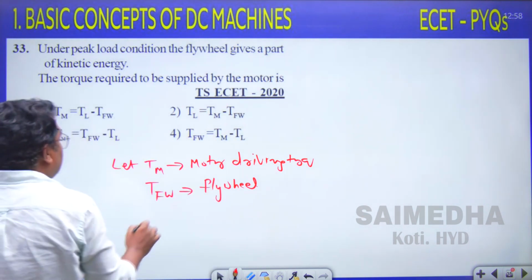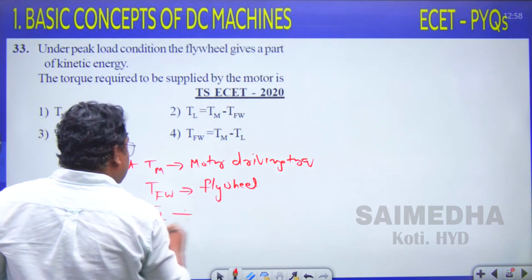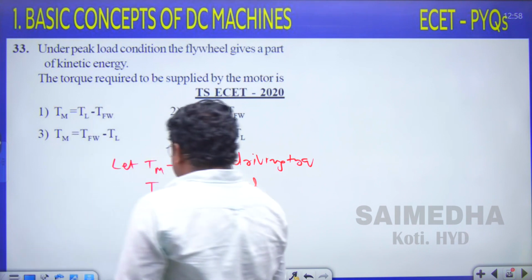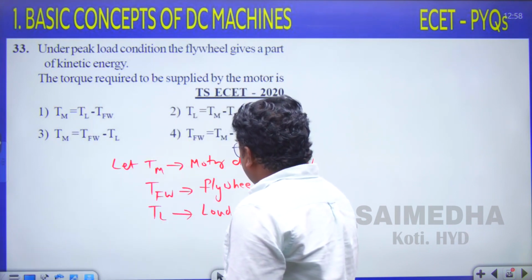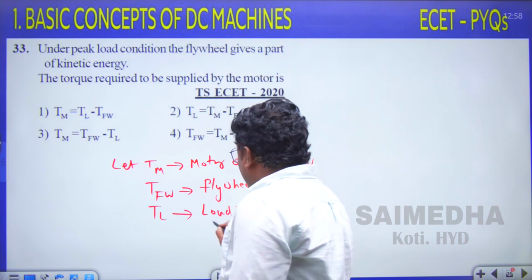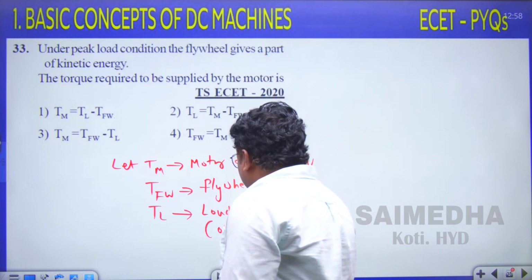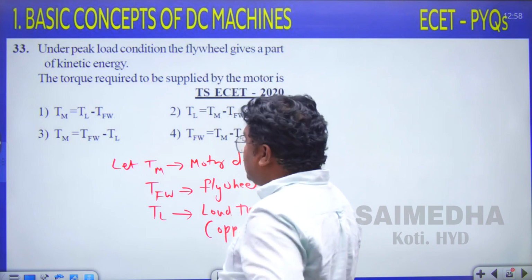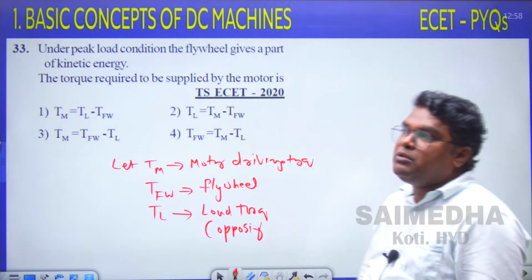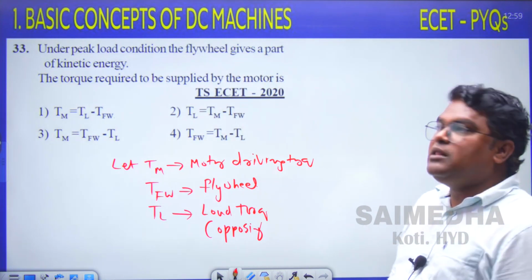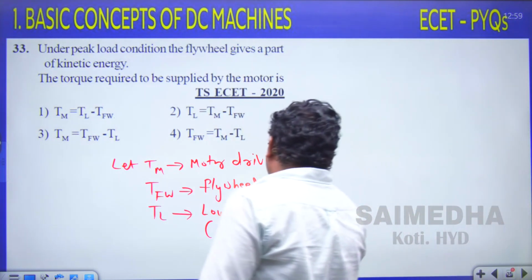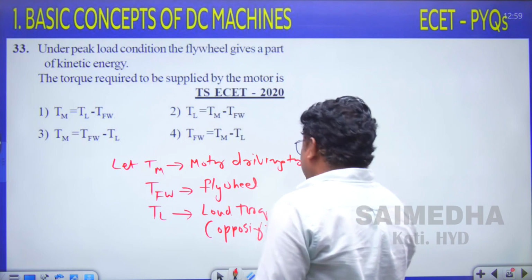And TL is the load torque. This load torque is the opposing torque of the motor, which is imposed on the shaft of the motor and opposes the torque developed in the armature.